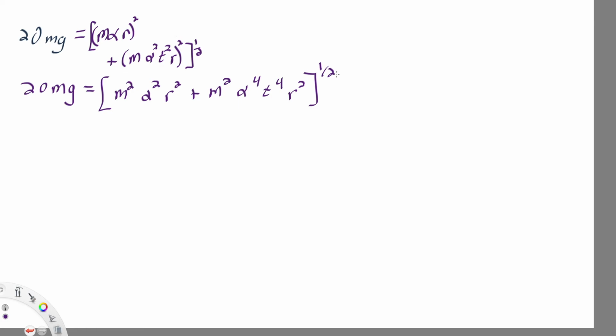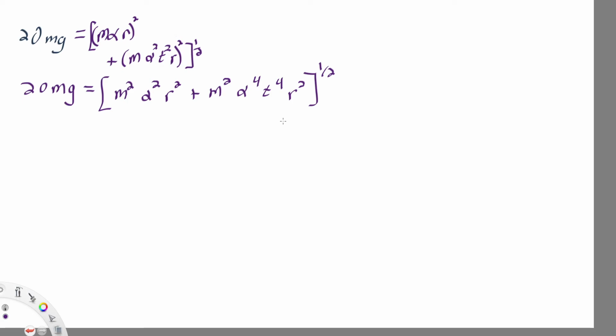There are some common points in both the terms under the radical. Like there's an m squared in both of them and an r squared in both of them. So I'm going to factor an m squared r squared outside the square root, right?